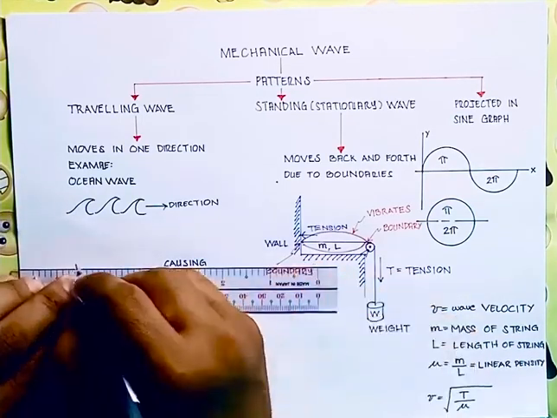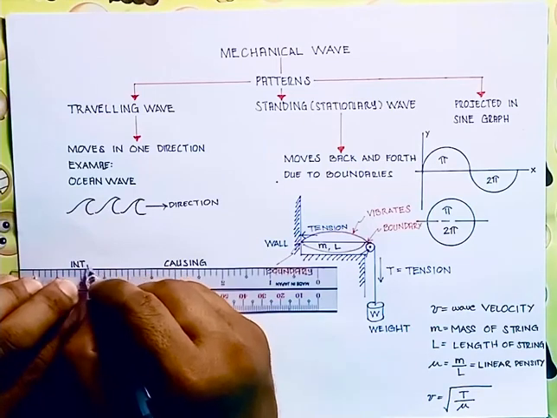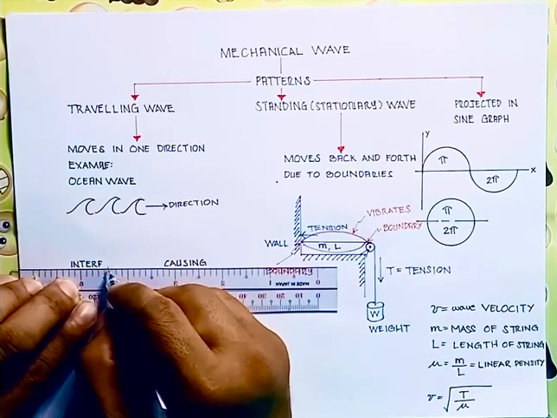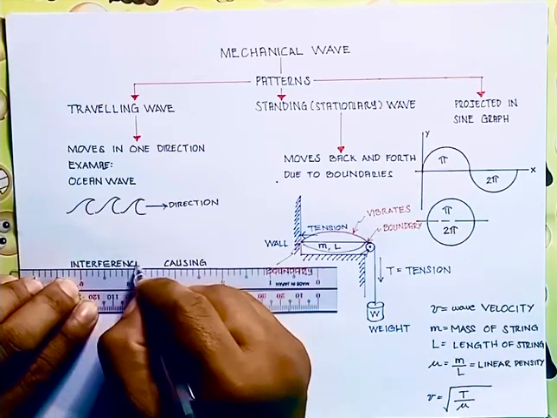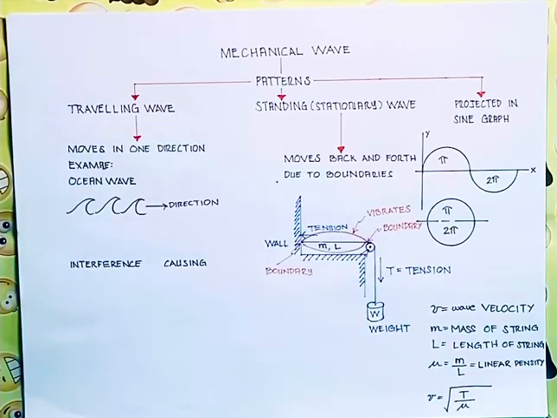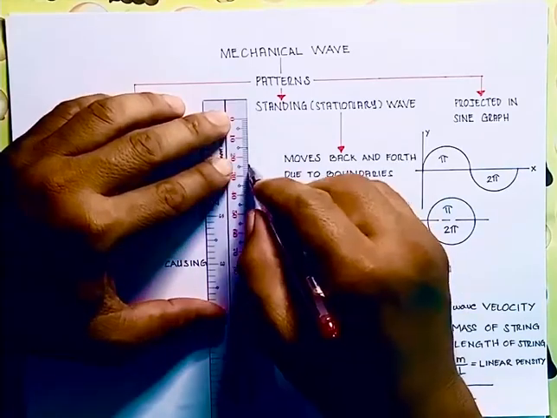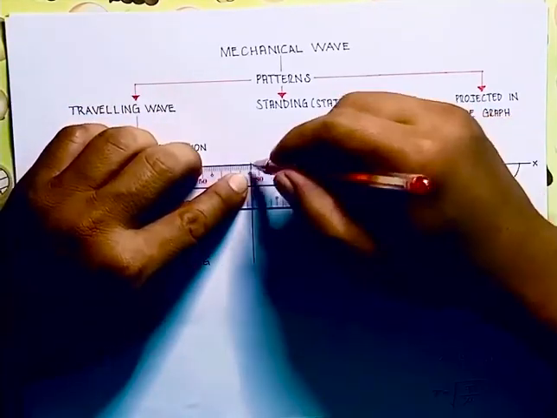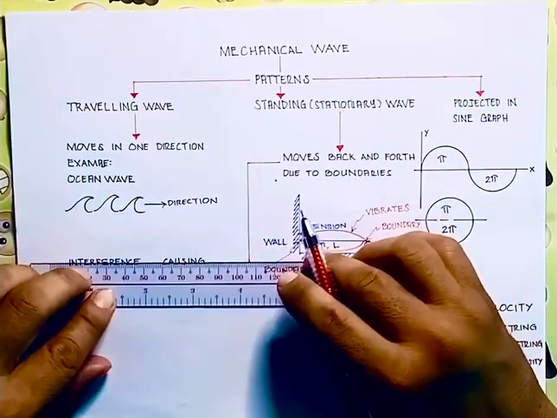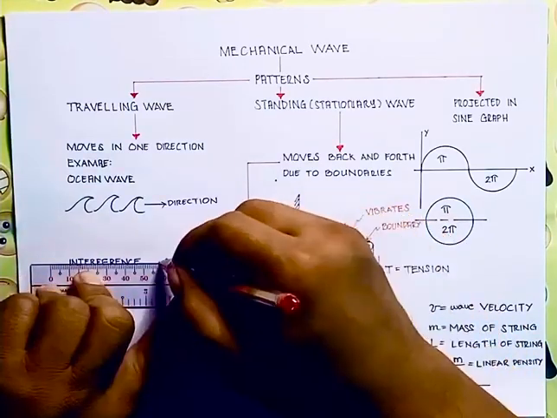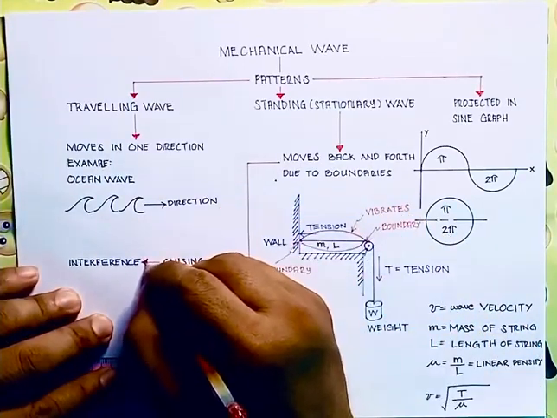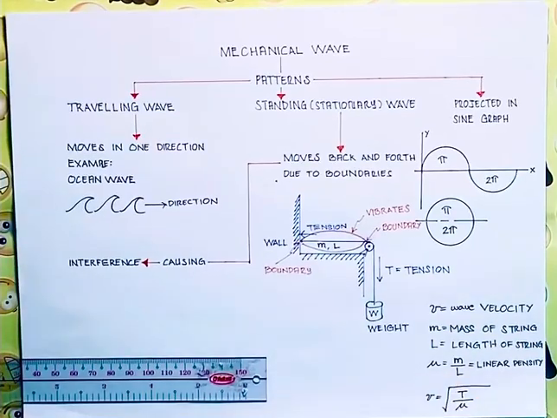Now going back to the standing wave, since the waves are moving back and forth due to the boundaries, this is causing what we call interference. So interference is produced in the movement of a wave in a string that has boundaries at both ends.